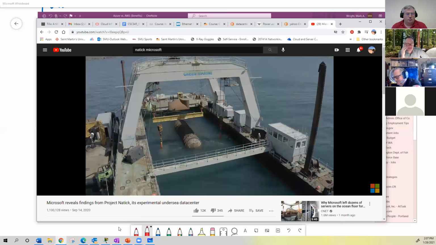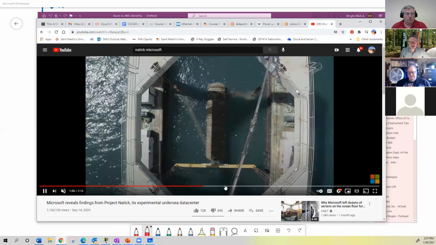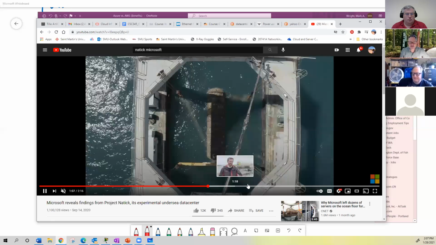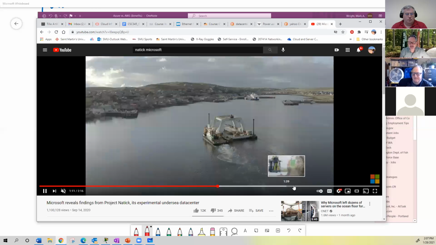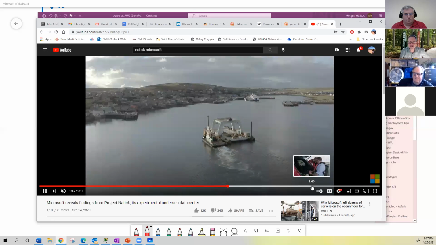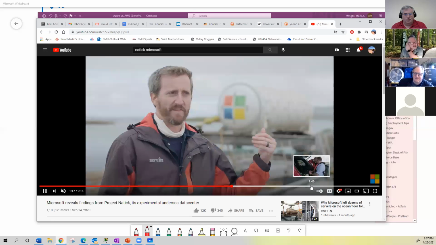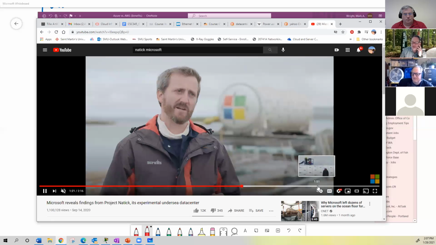And then they have been doing this testing to see the feasibility of doing an actual data center underwater, using the seawater that's already cold for cooling and having it completely self-contained.